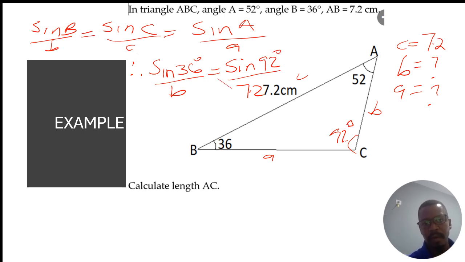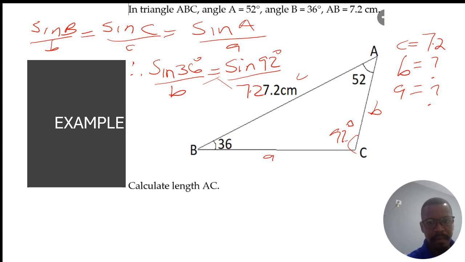We can multiply both sides by sine, we can divide, anyway, let's just make B the subject of the formula. Let's cross multiply them just to make sure we are not leaving anyone behind.